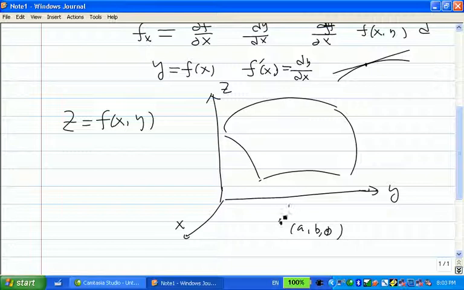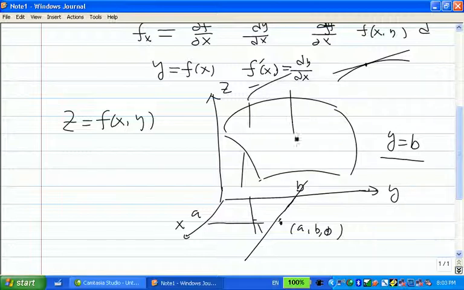Here is b, here is a. Now, if you let y equal to b, what does that mean? On the xy plane, y equals b gives you this line. But in the space x, y, z, it gives you a plane like this.